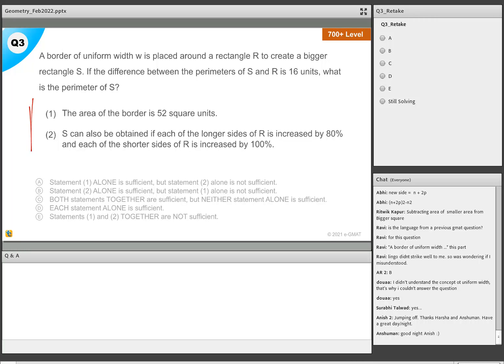Three, two, one, and those of you who are still solving, another 2 to 3 seconds for you. And one. So this is the last question of the day.